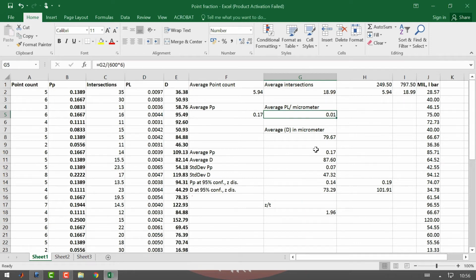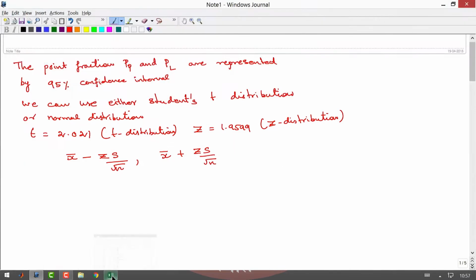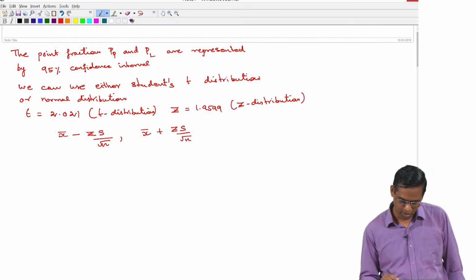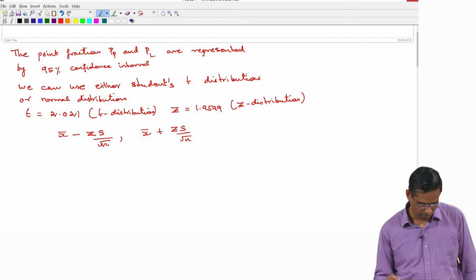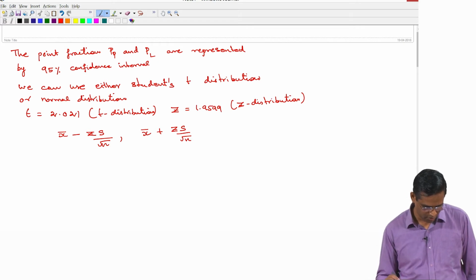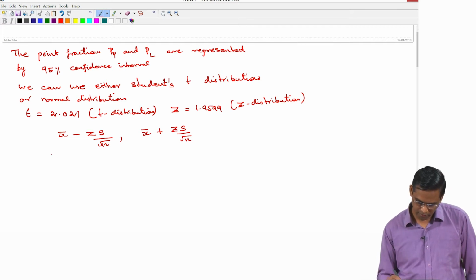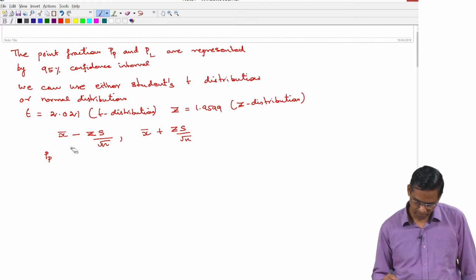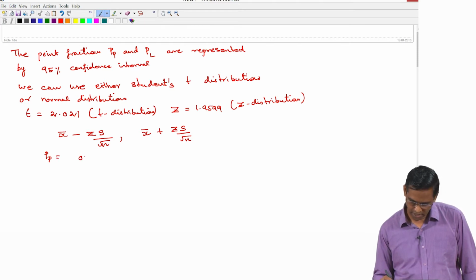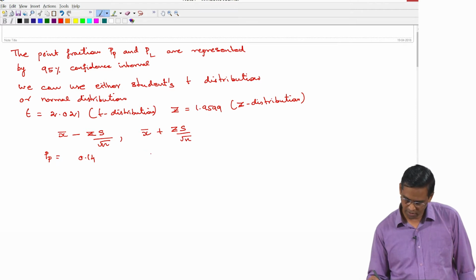We are going to use this data again, and we have also calculated the standard deviation for PP, which we will use for this calculation. If you substitute all these values, what do you want to get for PP? We have already calculated it in the Excel sheet, this is 0.19.